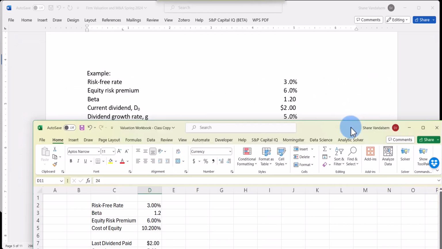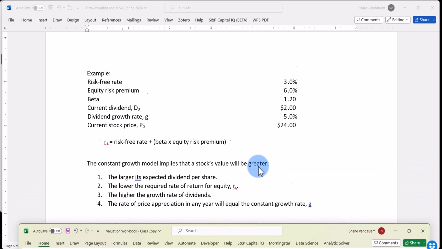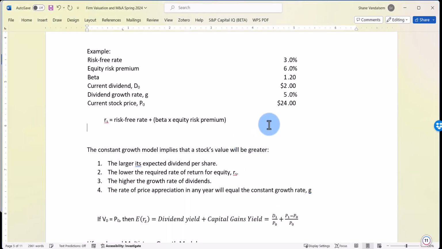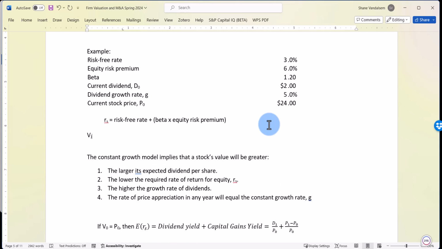So let's go back to the notes here. And so that's how you calculate the value. The current value of this stock, the intrinsic value, V sub 0, is equal to $40.38. So the constant growth model implies that a stock's value will be greater the larger its expected dividend per share.